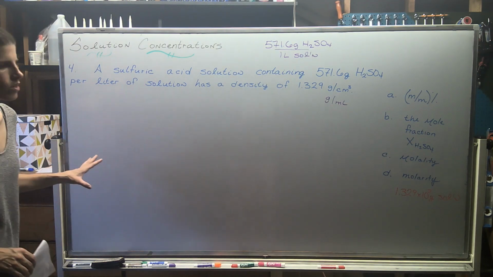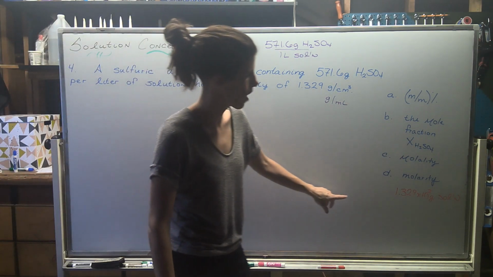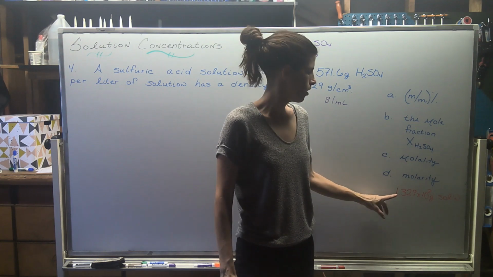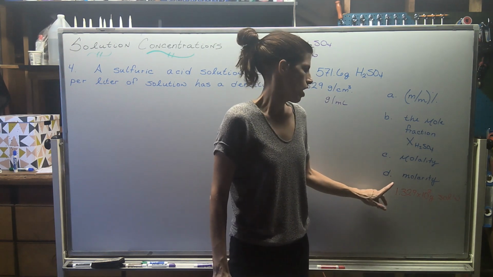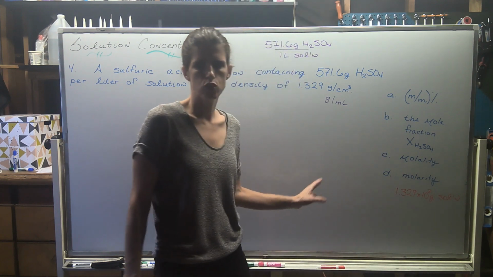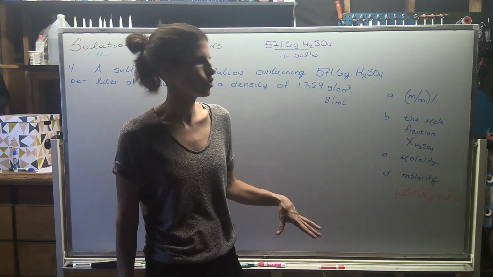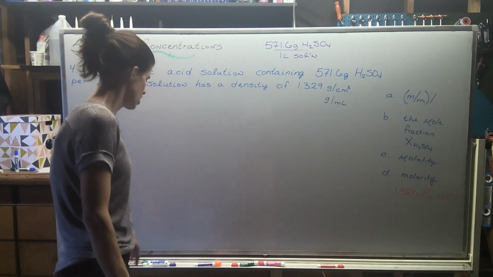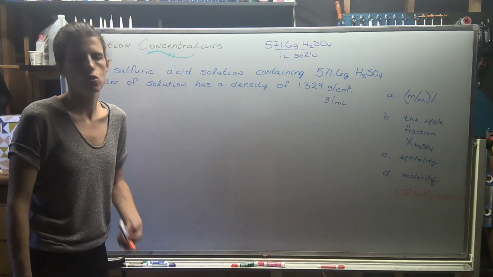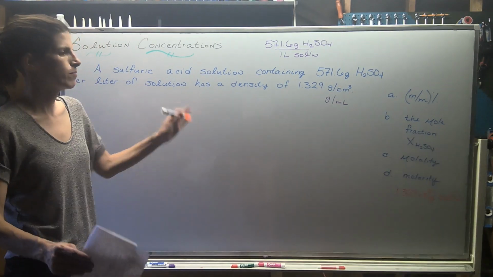So I don't have enough board space. So just like I did with the previous problem, I'm going to add all of the important values that we calculated in red over here. So we already calculated the grams of solution, and we're probably going to need that for a future calculation. In part B, we're asked to calculate the mole fraction. The problem wasn't specific to what mole fraction, so I'm going to add it in.